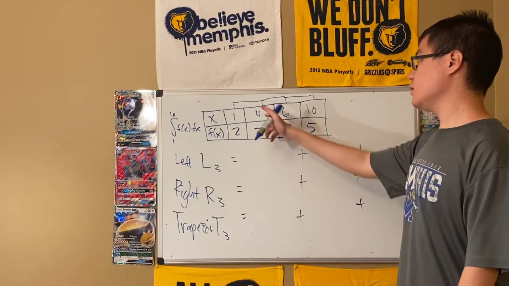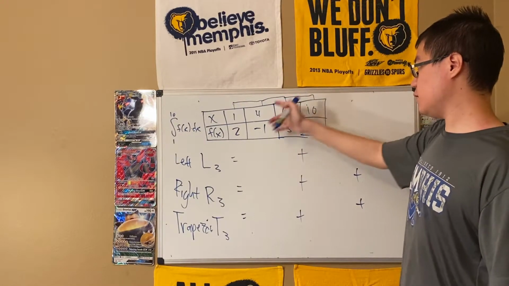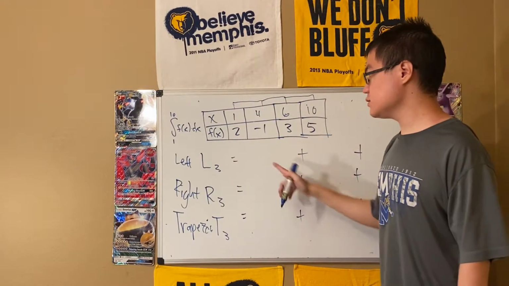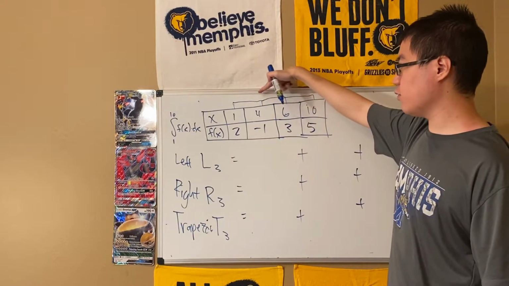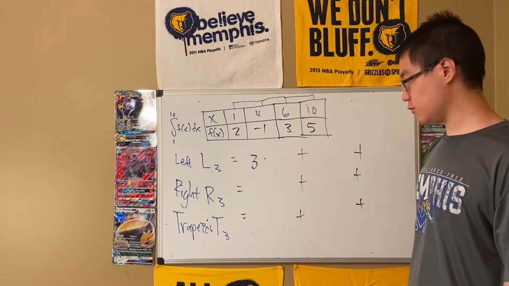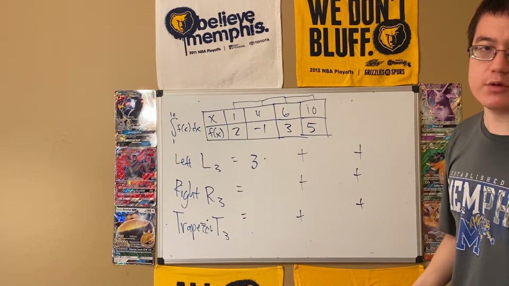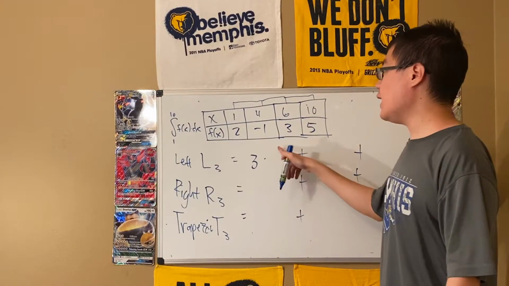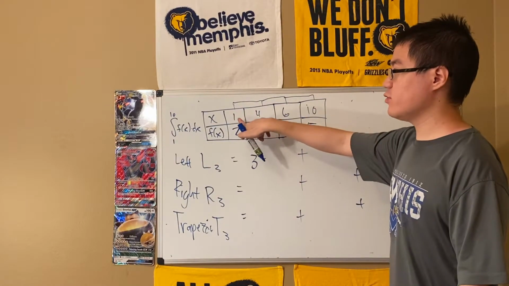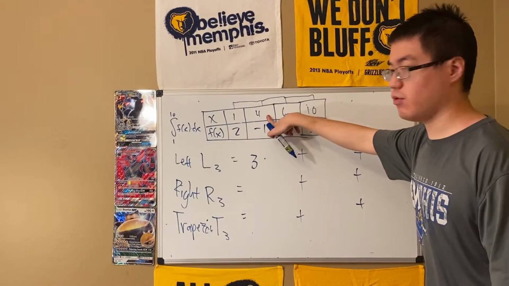So the first one, always the difference in the x's. We're not going to look at this part, we're only going to look at these 2 columns. The difference in the x's is going to be 4 minus 1, so it's going to be 3. That's the base of this first rectangle. Keep in mind that some people draw this out, but you'll notice that you don't have to draw it out. Then the height of the rectangle: we have 2 points, the left endpoint of the base and the right endpoint of the base.